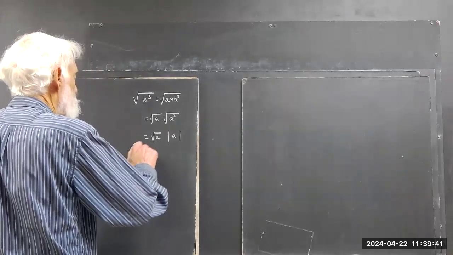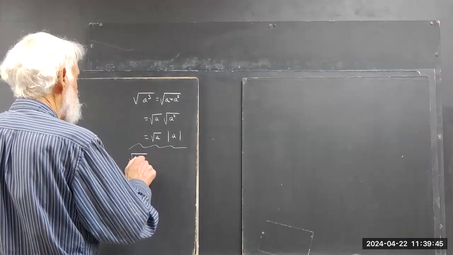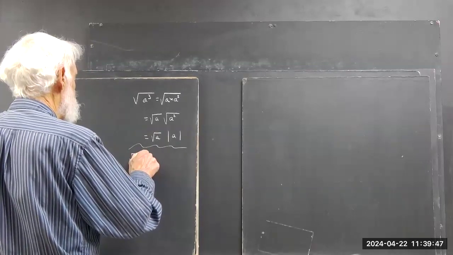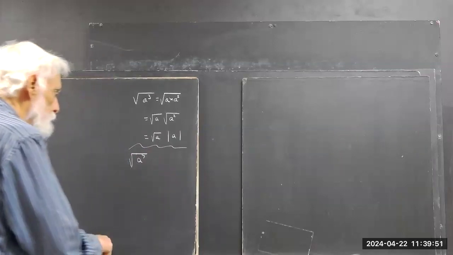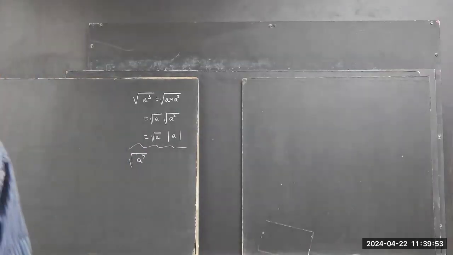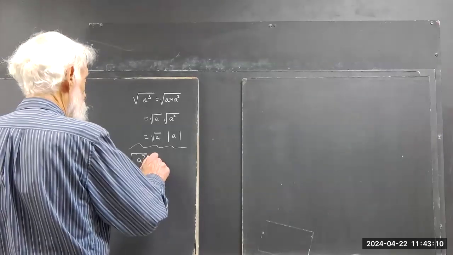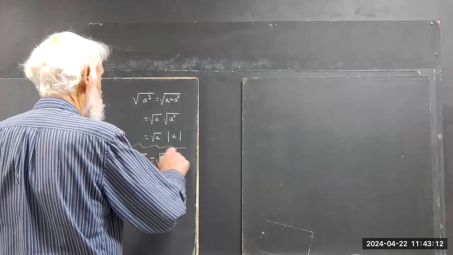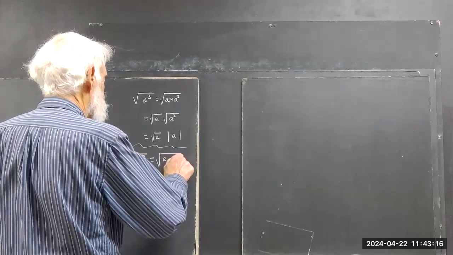So let's just see if we can do this. Square root of a to the 7th. Everybody correctly said that's going to be the square root of a times a to the 6th.